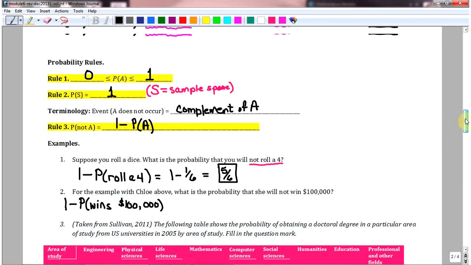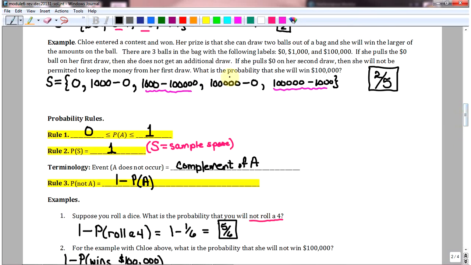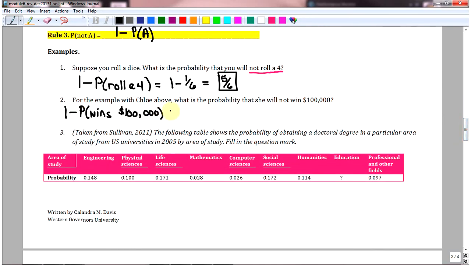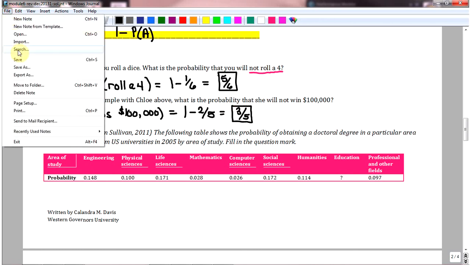We actually found that value. The probability that she wins $100,000 is 2 out of 5. So to answer this question, we want 1 minus 2 out of 5, or 3 out of 5. And let's save this as we go along.